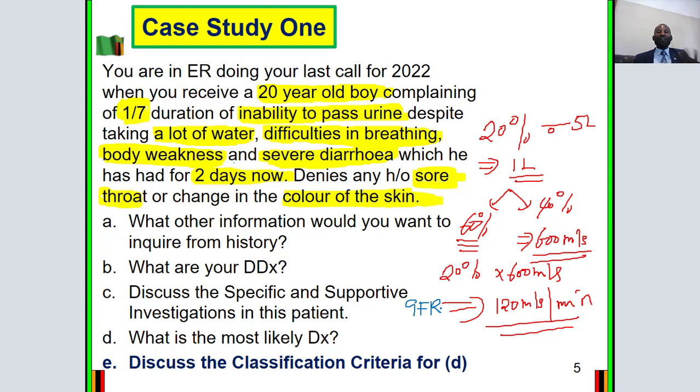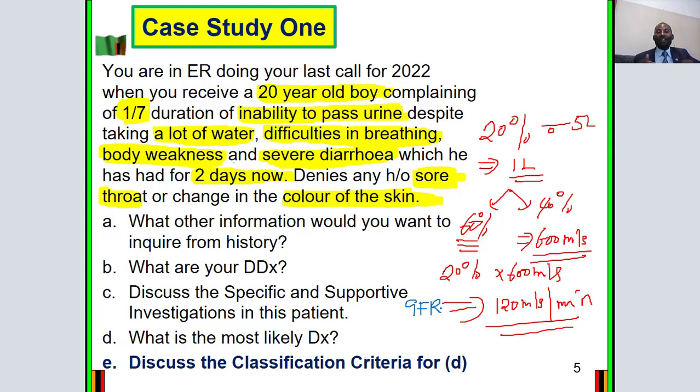So from here I now have a direction. What other information would you want to inquire from history, that I have now unlocked? What are the differentials now? I'm able even to start to answer what the likely causes of this condition are.